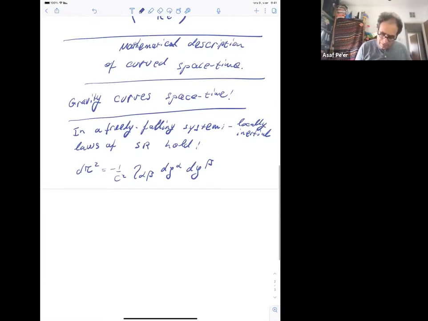That means that du^α/dτ = d²ξ^α/dτ² is 0.